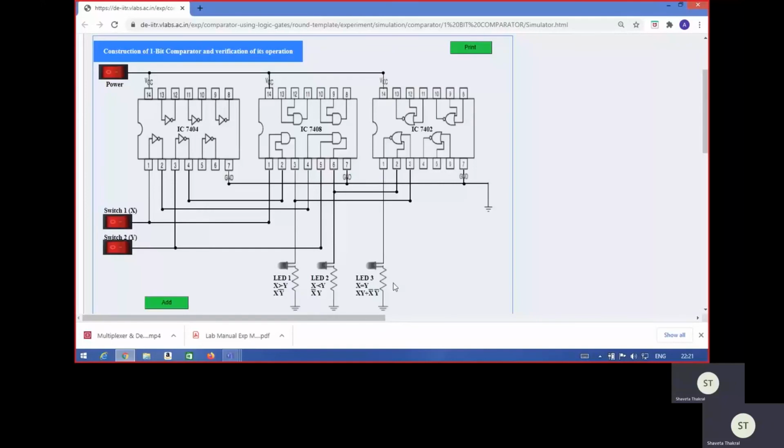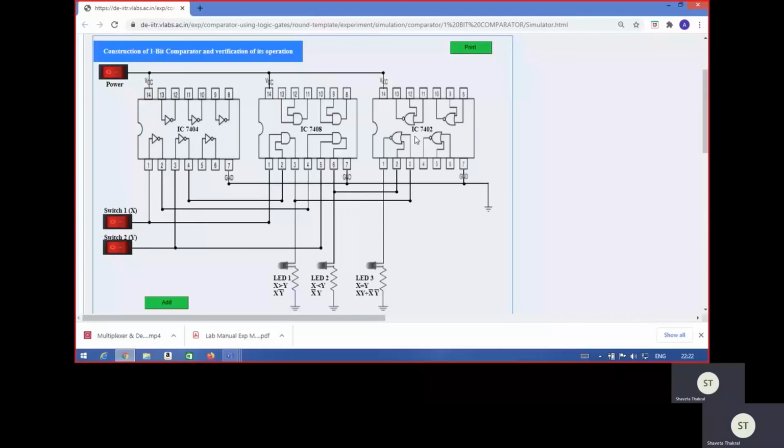And at the third output line we need to generate the logic that is XY plus X complement Y complement. And to generate this logic, we can take the output signal generated at the first output line, that is XY complement, and the output generated at the second output line, that is X complement Y. These two outputs we can pass to the NOR gate, that is the 7402 IC.